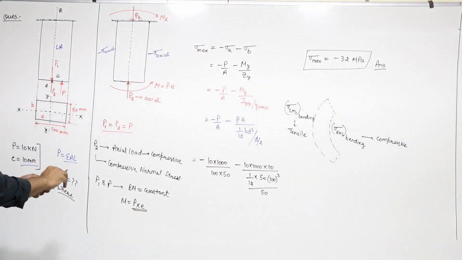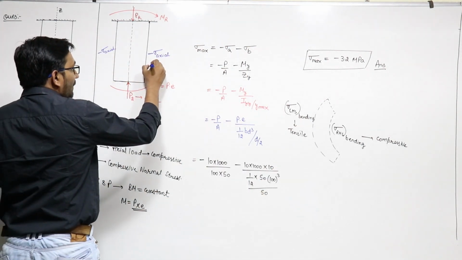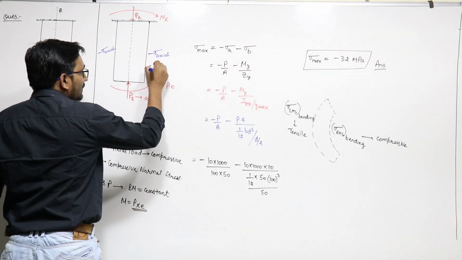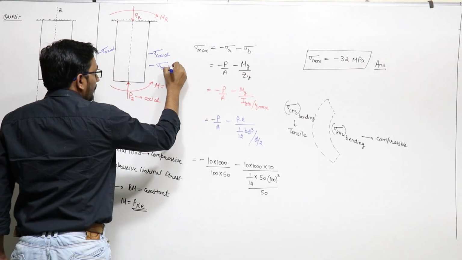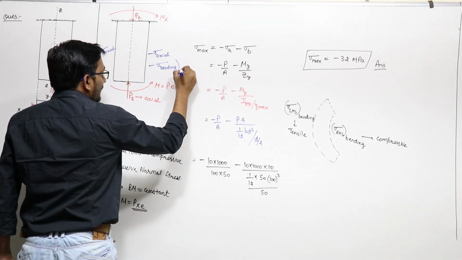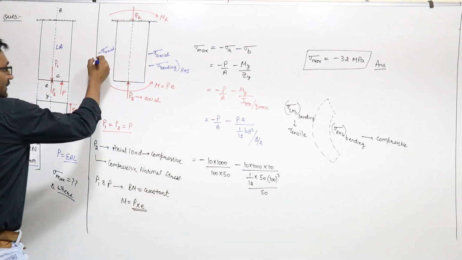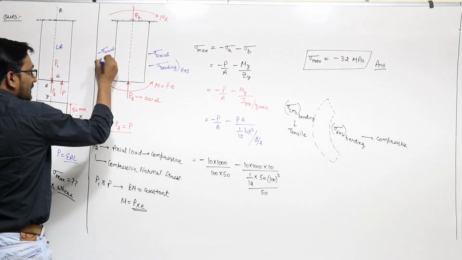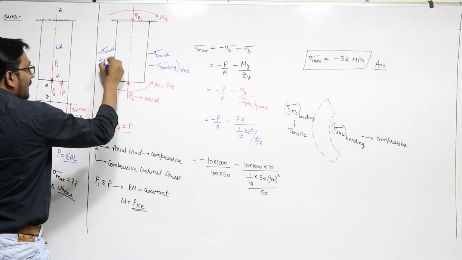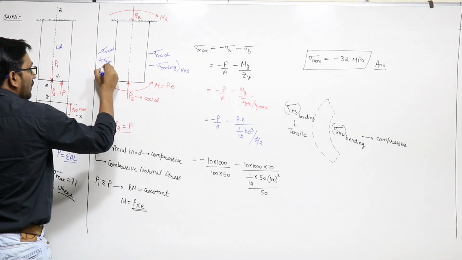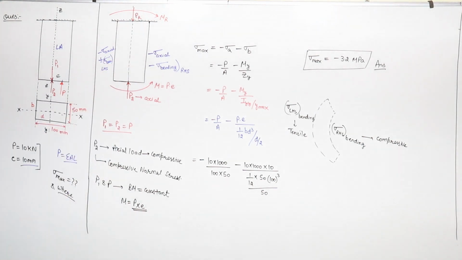So we can say that the bending stress here is minus sigma bending for right hand side, and here the bending stress is plus, because it is of tensile nature, sigma bending for left hand side, right?